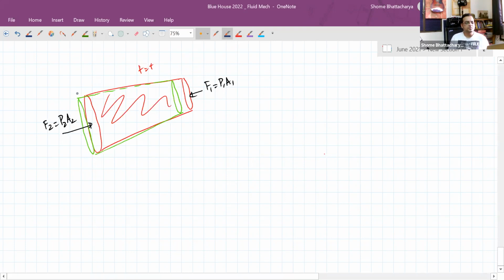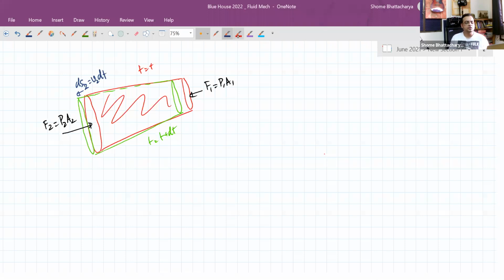So this section's displacement would have become how much? v1 into dt. Sorry, we'll write this as ds2 because it's v2 into dt.